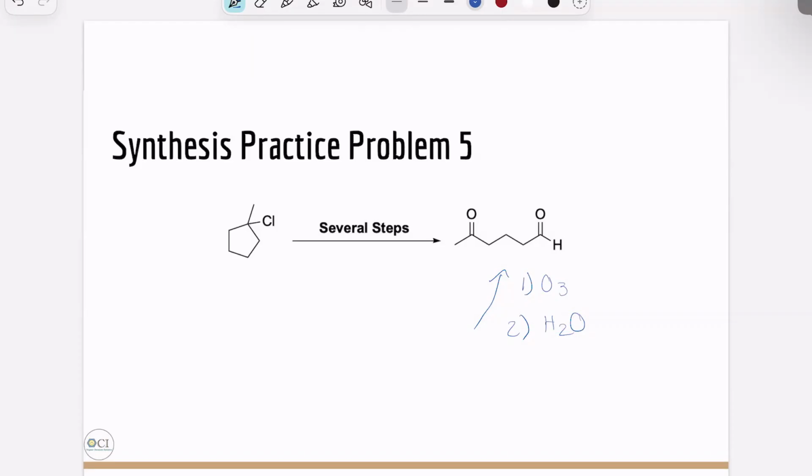I know you use TsCl when you have OH, it's a good leaving group, but I don't know what you use. So it's already a good leaving group. We don't need to make it a good leaving group. What do we add to get rid of it? What's another word for getting rid of the leaving group?